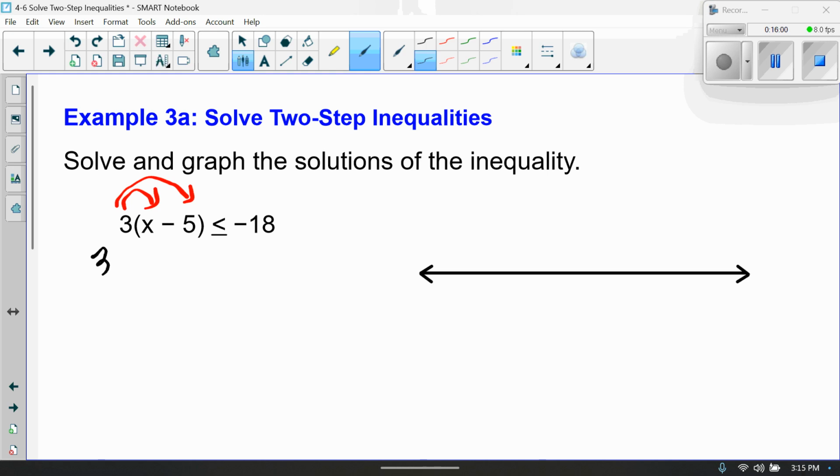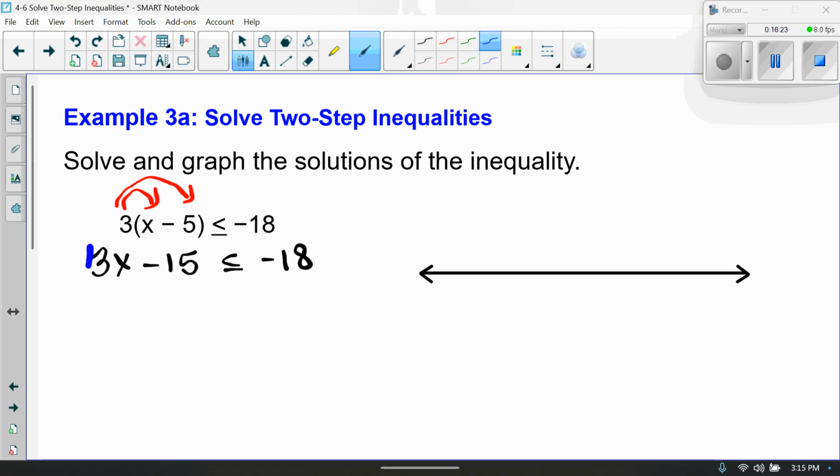So that gets us 3x. What next? Minus 15 is less than or equal to negative 18. Is everybody clear? All right, now we just solve like normal, right?